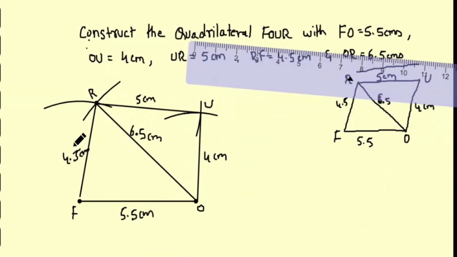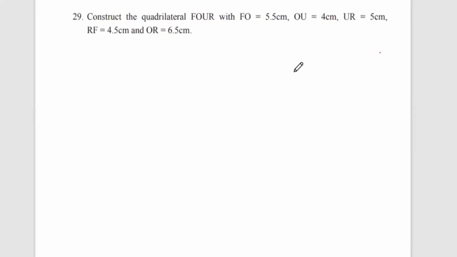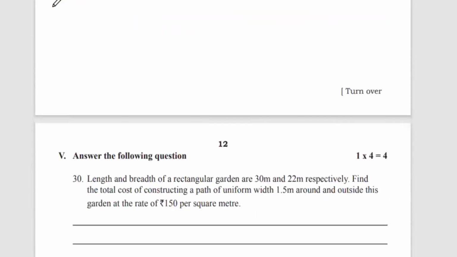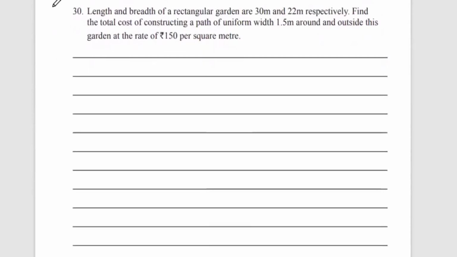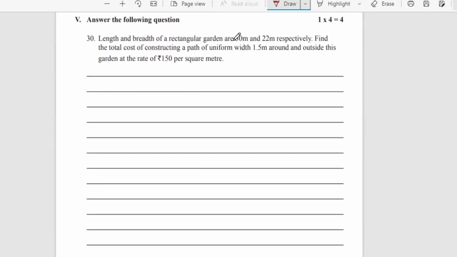Let us go with the next one. This was question 29, just now we did it. Let us go with the next question, that is the 30th one. The length and breadth of a rectangular garden are 30 and 22. So let us draw the rectangular garden.